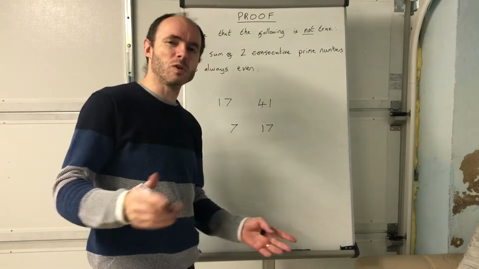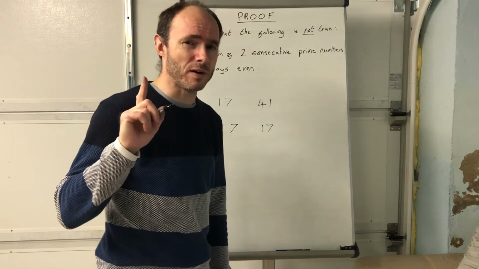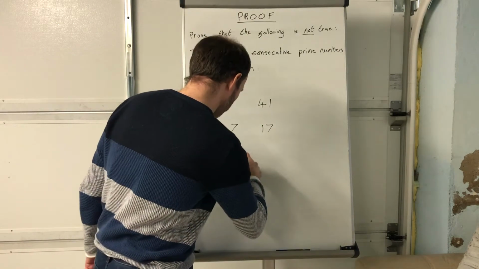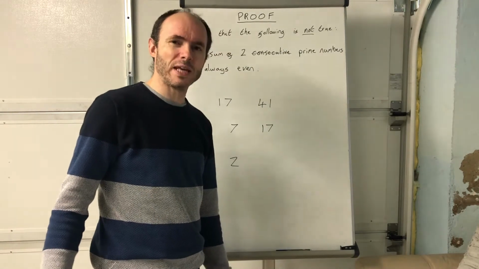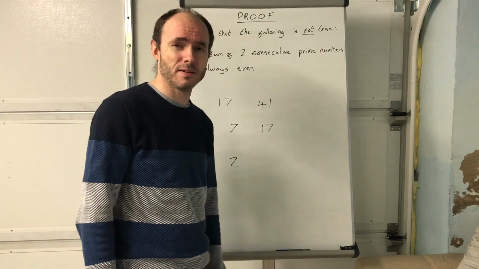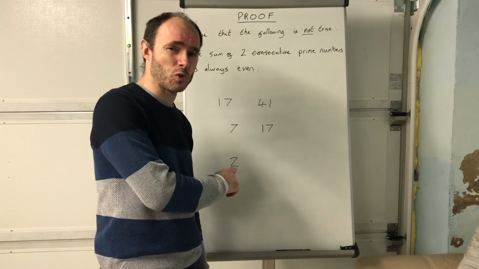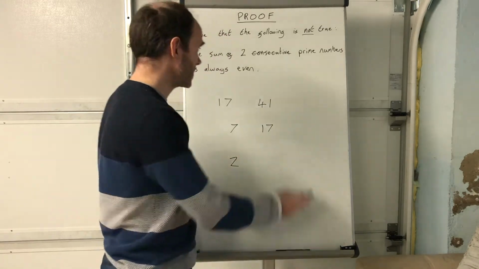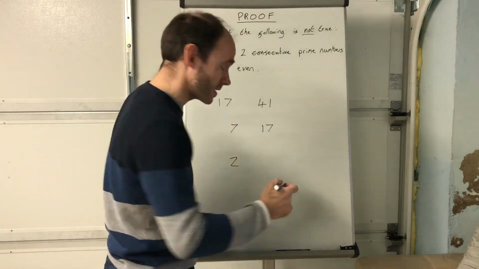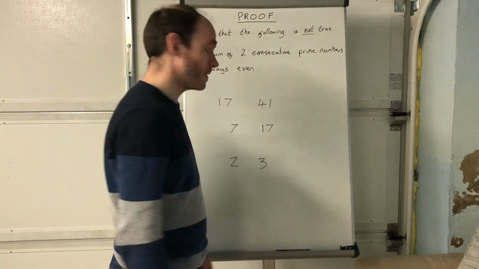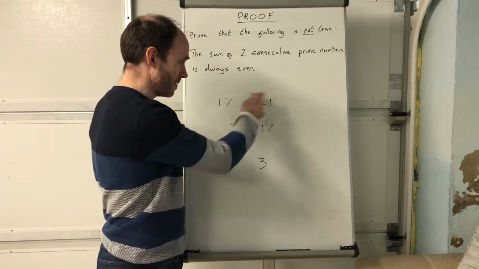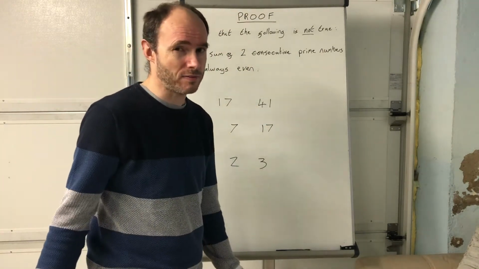Because what you do is say, aha, what about the number 2? The only even prime number. And obviously, when you add the number 2 to any other prime number, it doesn't have to be consecutive. Obviously, the consecutive prime number is 3. But when you add 2 to any other prime number, such as these, you do not get an even number, do you?